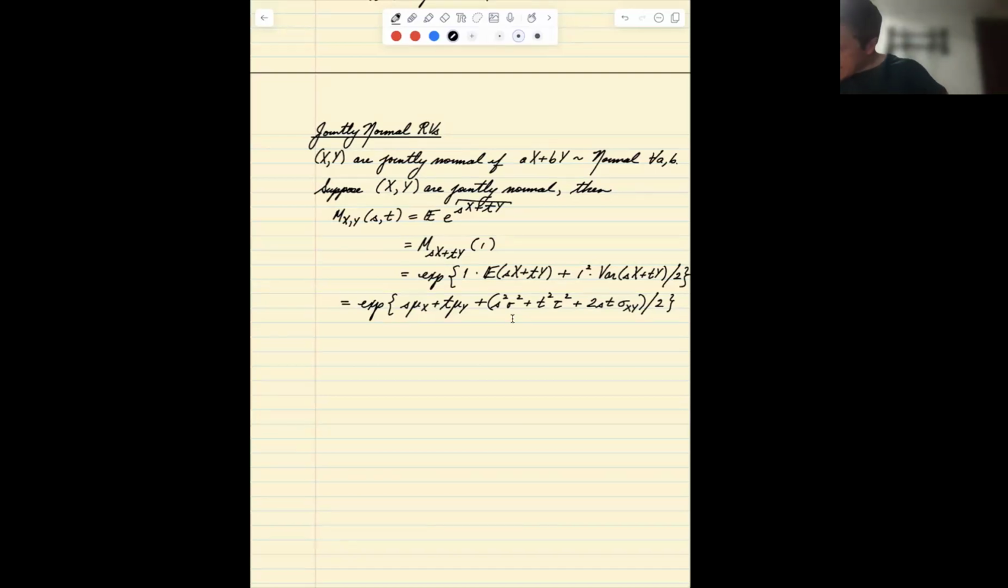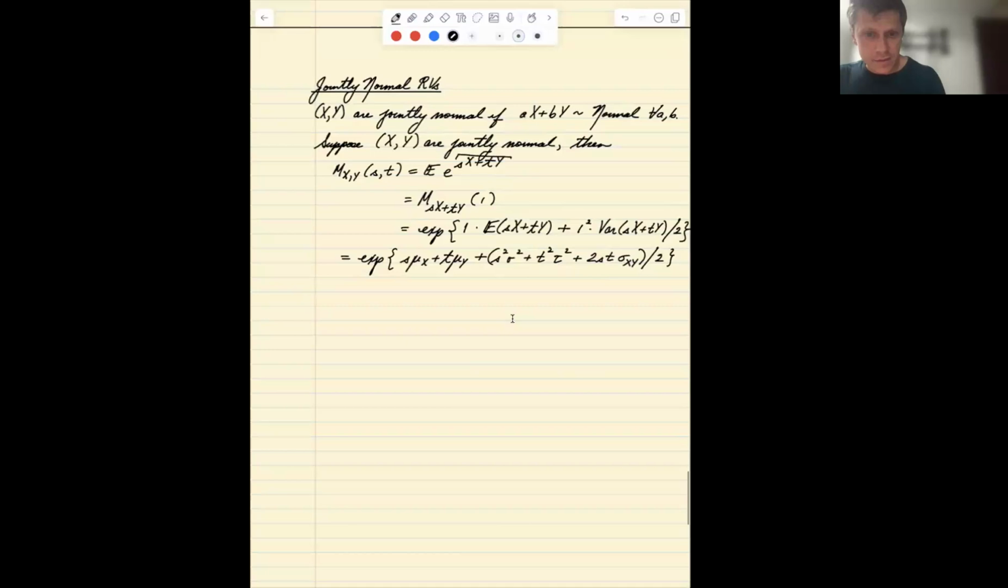So this is the moment generating function of jointly normal random variables. Remember, mu_x is the expectation of X, mu_y is the expectation of Y, sigma_x squared is the variance of X, sigma_y squared is the variance of Y, and sigma_xy is the covariance.